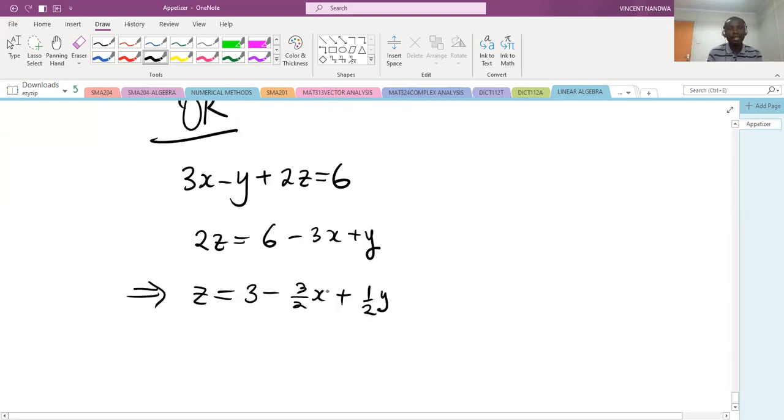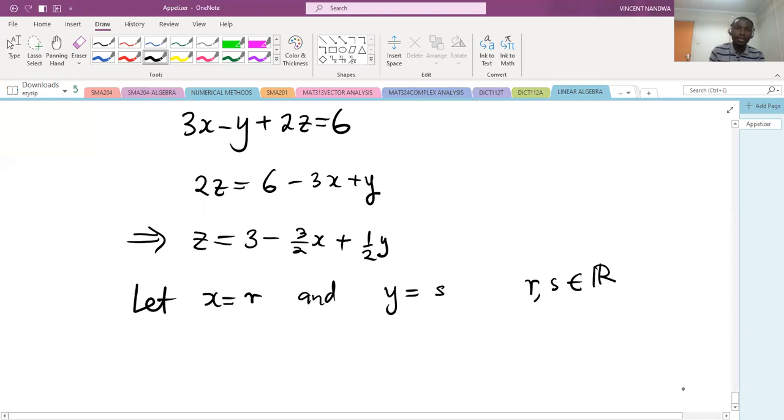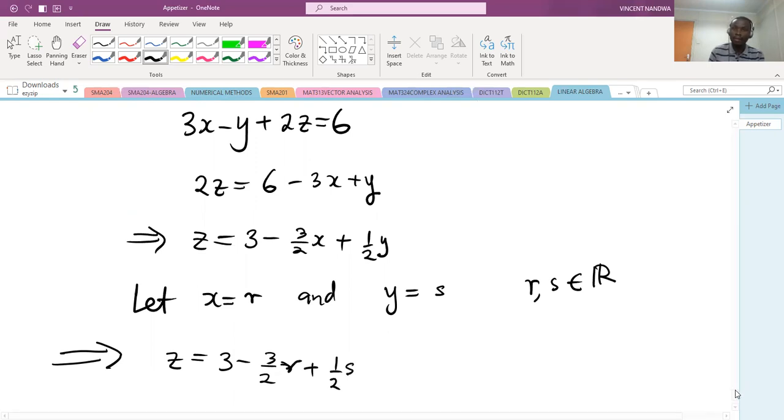Now you fix x and y to be different parameters. So let x be r and y be s, where r and s are real numbers. So this means that z will be given by 3 minus 3 over 2 r plus a half y, which is s.